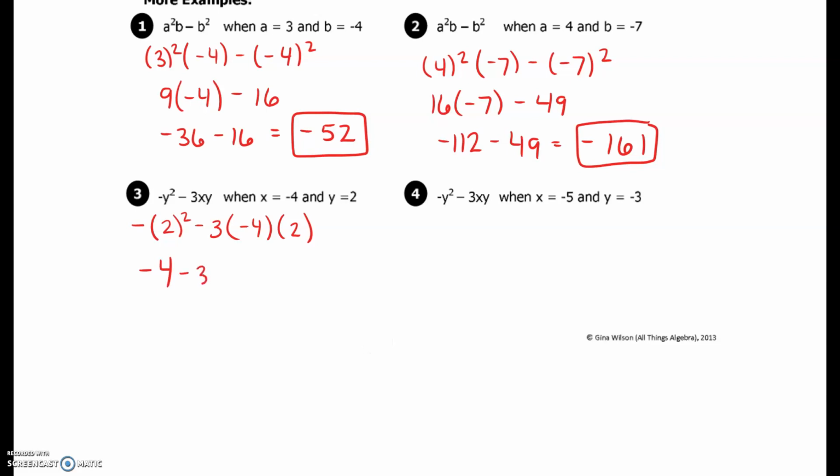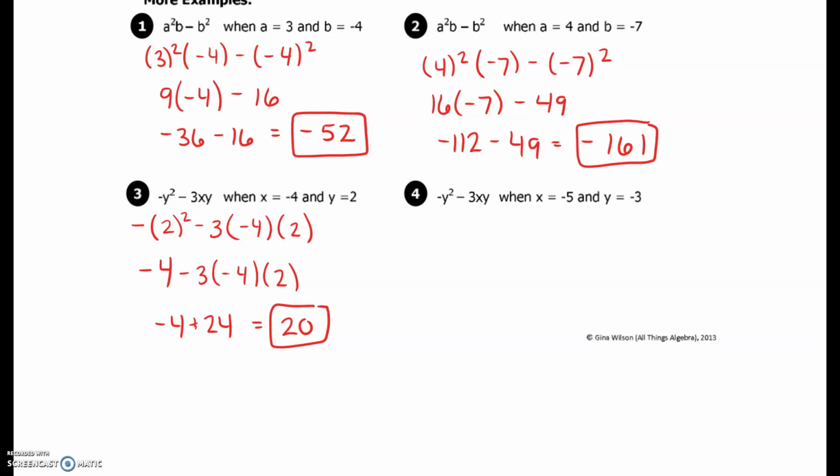Bring everything else down. And as we look at our multiplication question here, negative 3 times negative 4 is positive 12, and 12 times 2 would give us 24. So when I combine negative 4 and 24, my final answer for number 3 is 20.